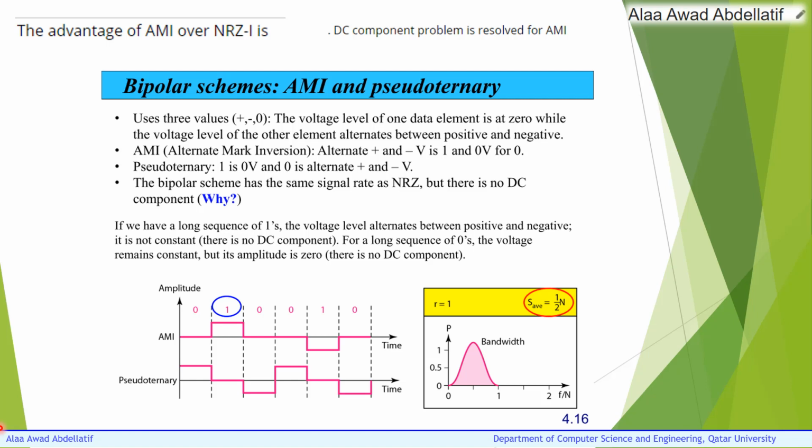In non-return to zero I, a one makes an inversion, but the zero remains the same. So if we have long zeros and the previous one was positive, long zeros will give a DC component. But in AMI, long zeros will always be zero, and the ones will always be inverted, so we will not have a DC component.